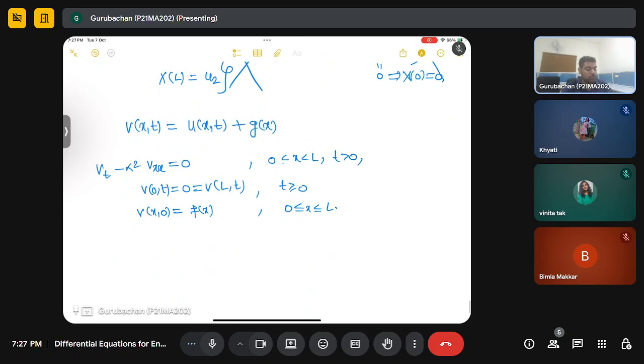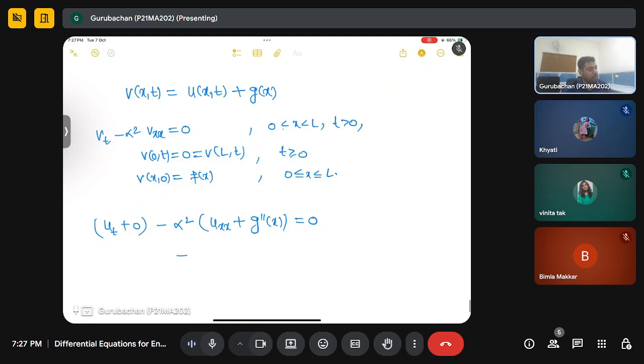So for this, if v has to satisfy the equation, that means vt will be ut plus 0, while minus alpha square vxx will be uxx plus g double dash of x. This has to be 0.